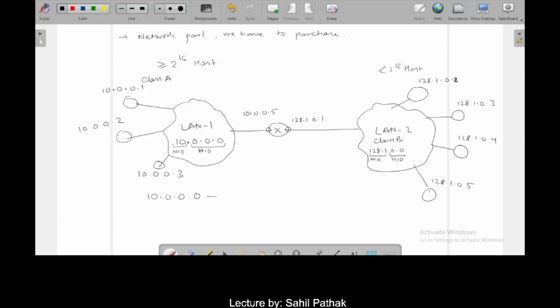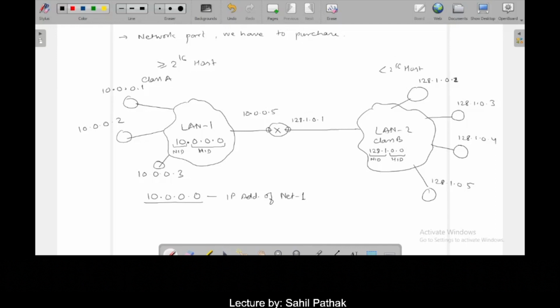So this is the IP address of network 1, and this 000 is given for the network.